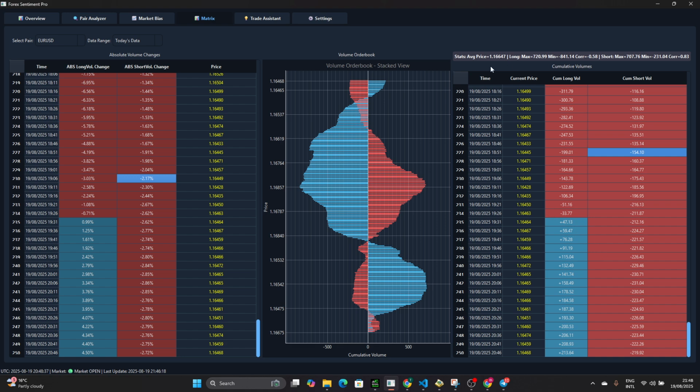On top, you have small statistical values where you can see the average price move of the day, the maximum and minimum of long volumes of that day, and the correlation as well. Then you have the maximum and minimum for short, and the correlation.